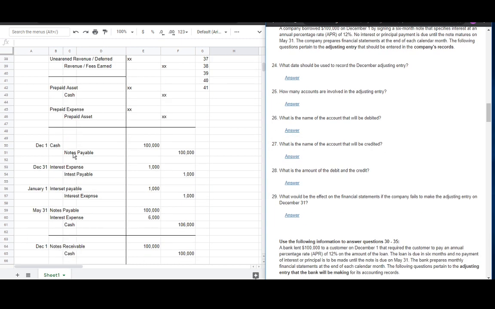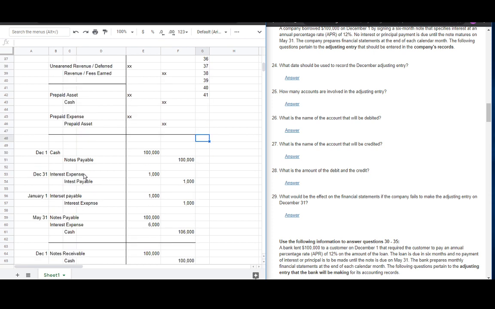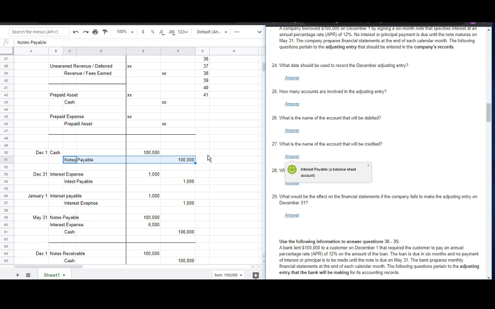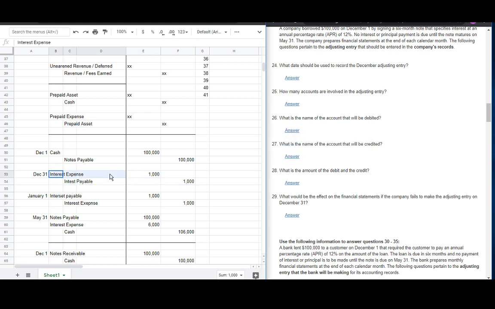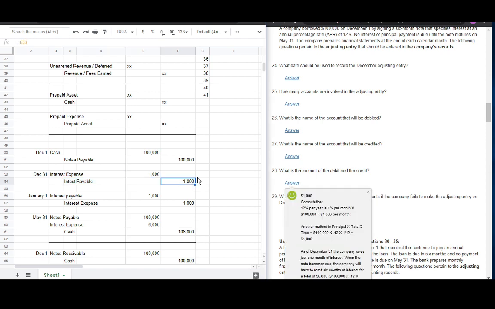It is interest expense, interest payable. It should be the amount of the debit and credit, 1,000.